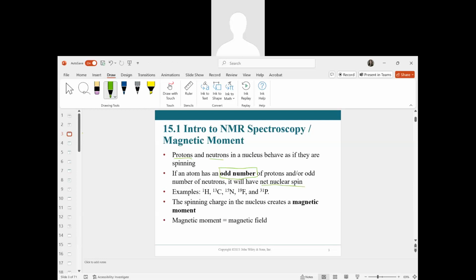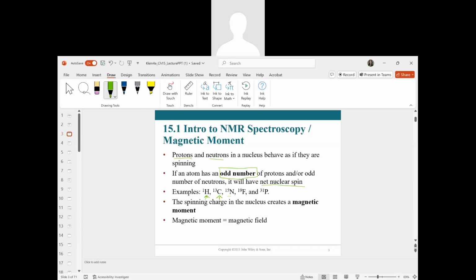Examples of atoms that have these odd number of protons or neutron combinations: we see hydrogen here, also called protium, when it only has that atomic mass of 1. We also have carbon-13. This specific isotope of carbon is what we can analyze using this method, but carbon-12 would have an even number of protons and neutrons. So carbon-13 is present in much lower quantities, and we'll talk about how that affects our analysis.